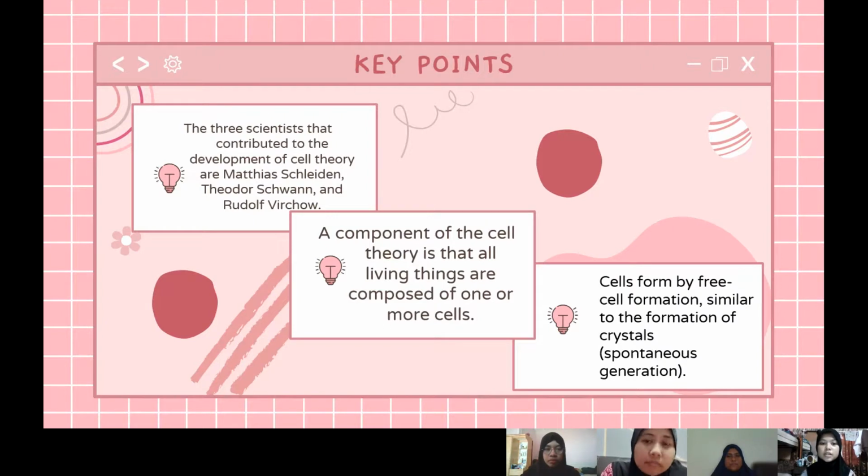First, the three scientists that contributed to the development of cell theory are Matthias Schleiden, Theodor Schwann, and Rudolf Virchow. The formulation of the cell theory was in 1838, when Theodor Schwann and Matthias Schleiden were enjoying after-dinner coffee and talking about their studies on cells.